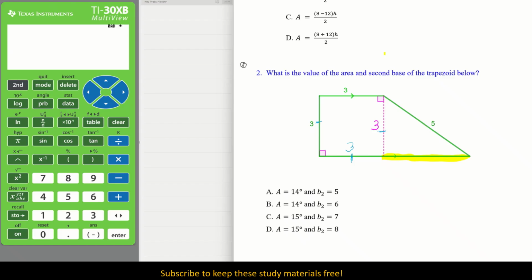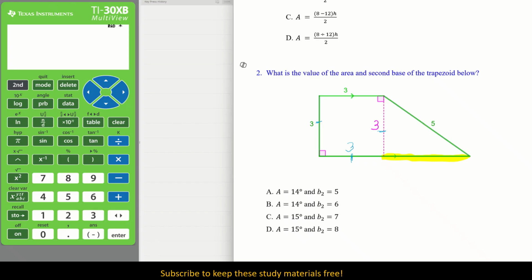If we look at the triangle that's been created, I see a hypotenuse of 5 and a leg of 3. If you remember your primitive right triangles, this would be a 3, 4, 5. Now, how do we know it's a right triangle? You have to be 100% sure that you're dealing with a right triangle, and we are.